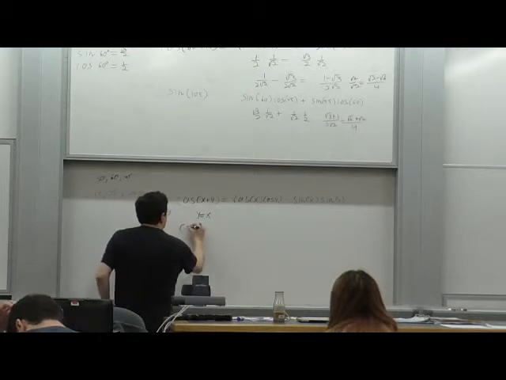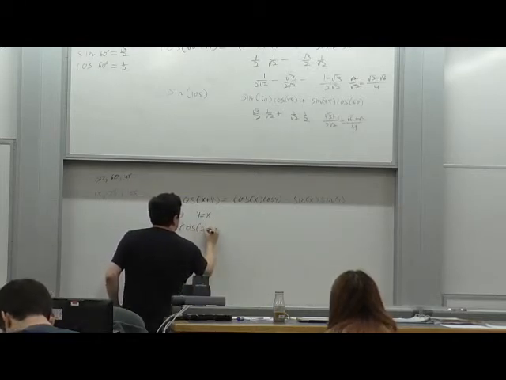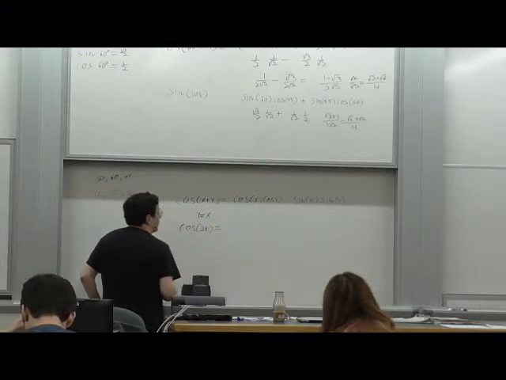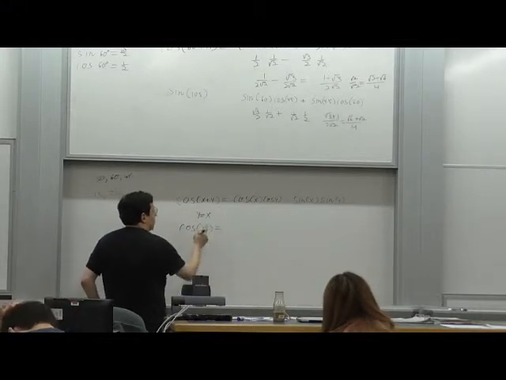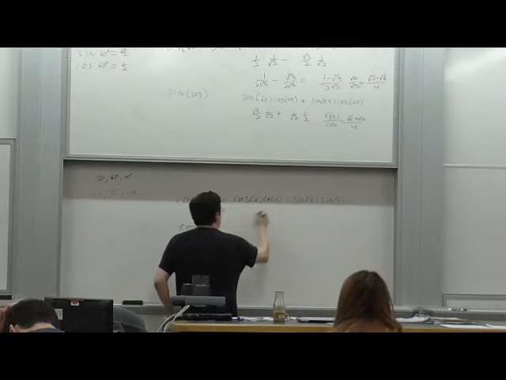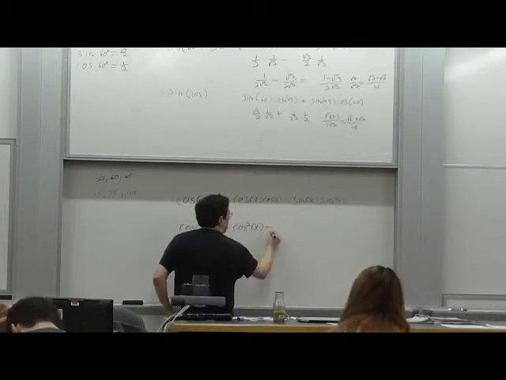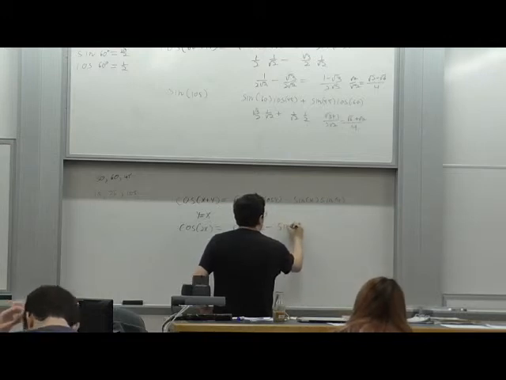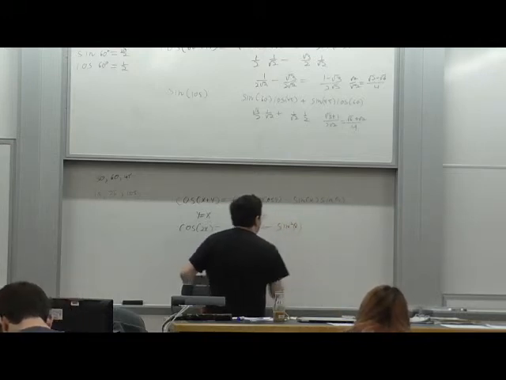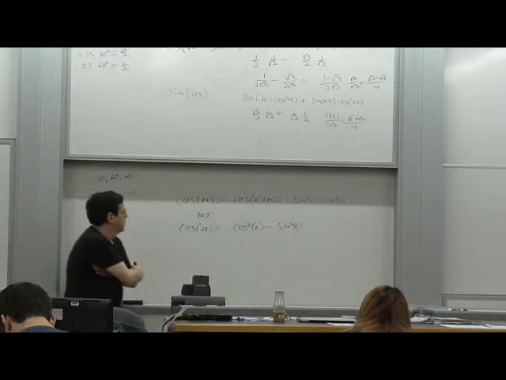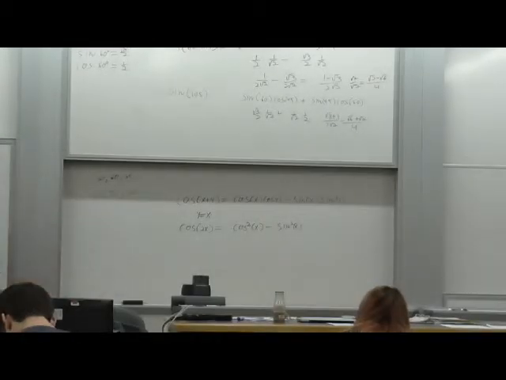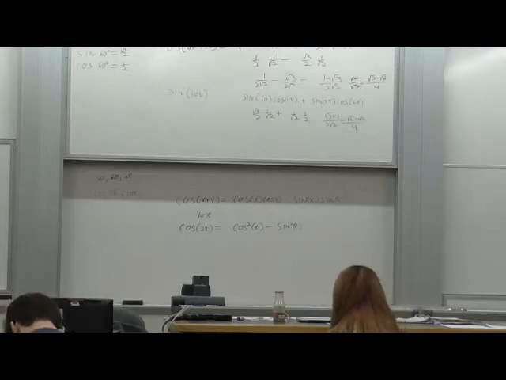Then I get cosine of 2x, right? x plus x is 2x. Cosine of x, that's cosine squared x minus sine squared x. Oh. That's nice. It's a nice little double angle formula.